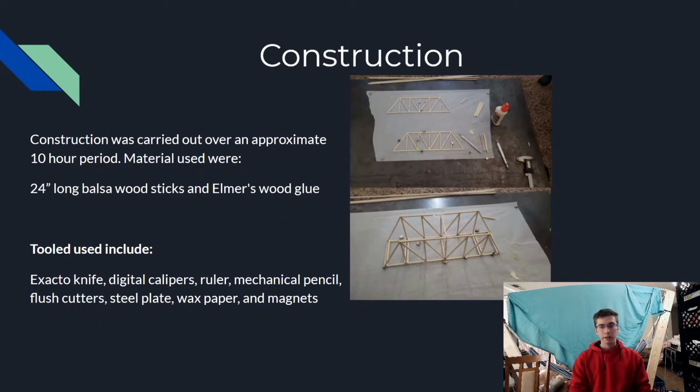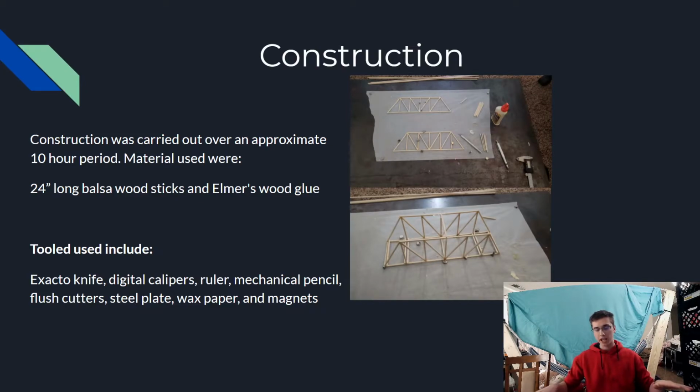Construction. Like I said, the construction was made simpler by using the minimum number of different size pieces. So it used a lot of 9.2 centimeter pieces and 8.5 centimeter pieces. So I could just make a ton of those without making a bunch of custom sizes. And the way that I physically made it was by using the tools that I have personally. So I laid down a steel plate to be a nice flat bed to affix everything to.